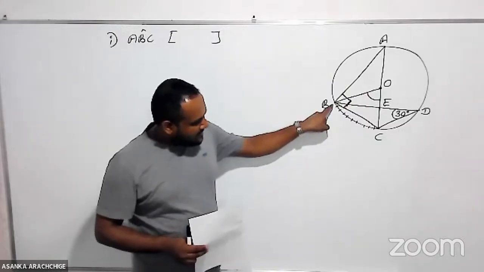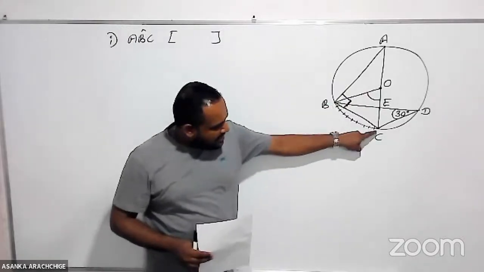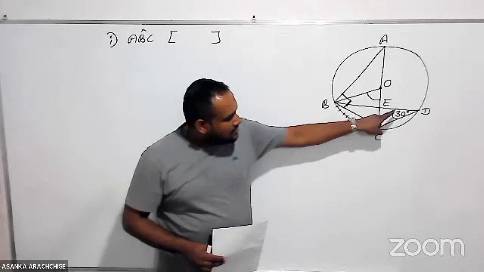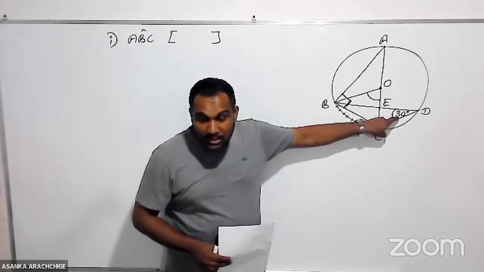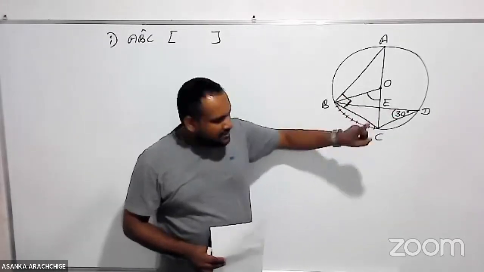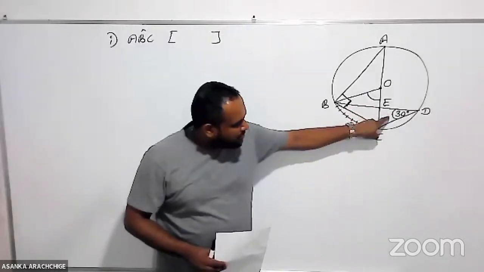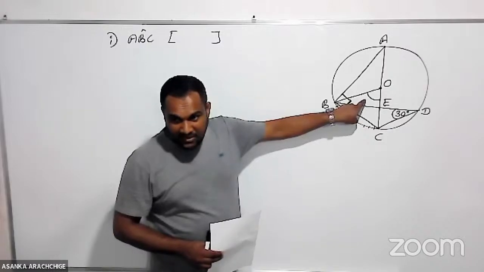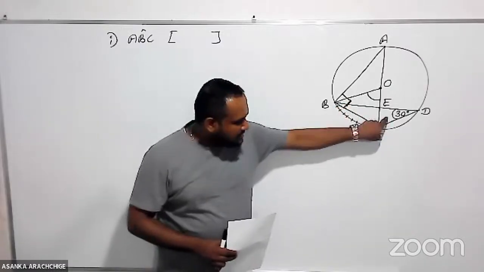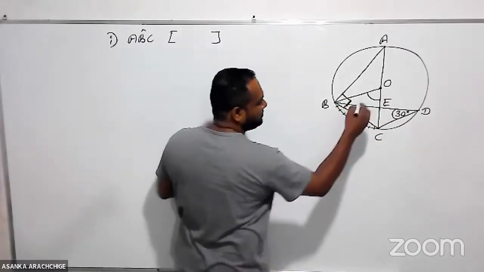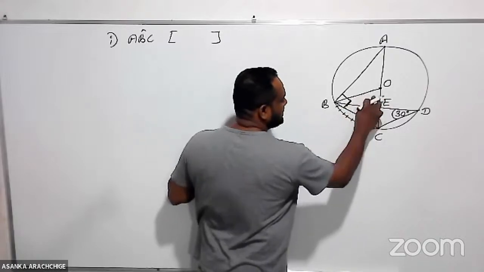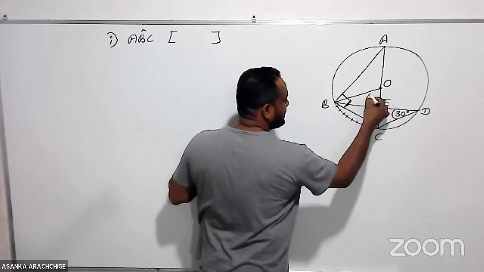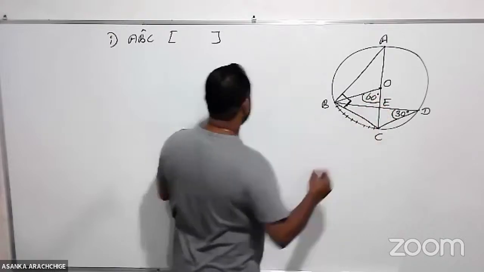The same minor arc BC subtends this angle on the remaining arc. So what is the relationship between these two values? The angle at the center is twice this angle. So this must be 60 degrees.